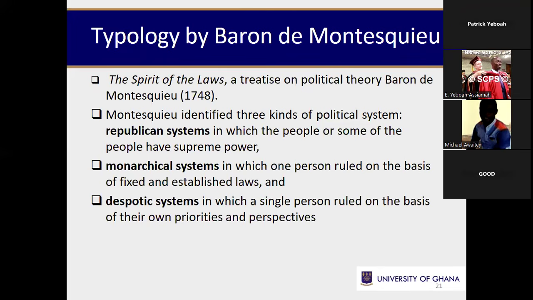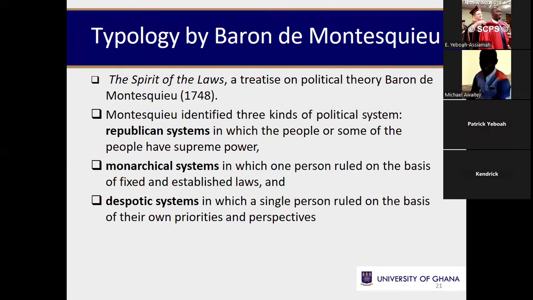Ghana. Ghana, good. Nigeria. And South Africa. So a country is said to be a republican state when the people have the right to elect or select their own leaders. That's what republican means.